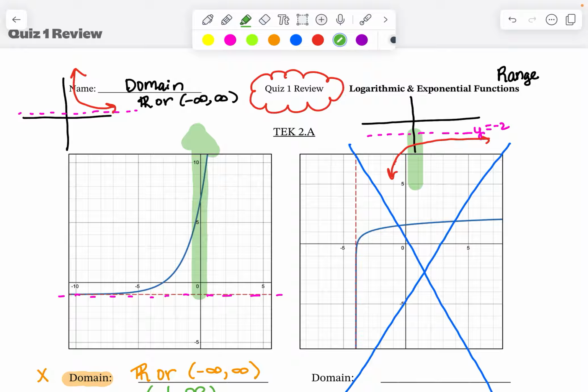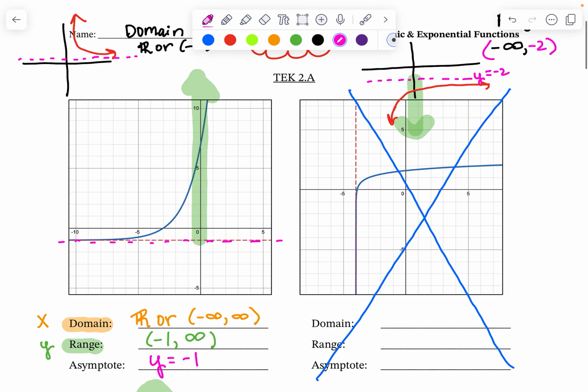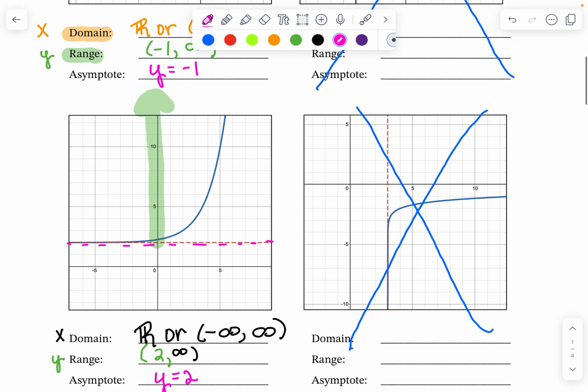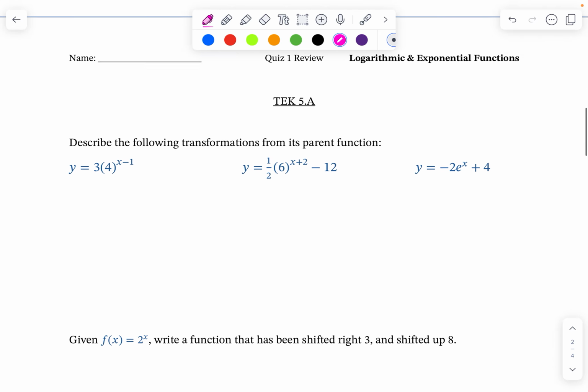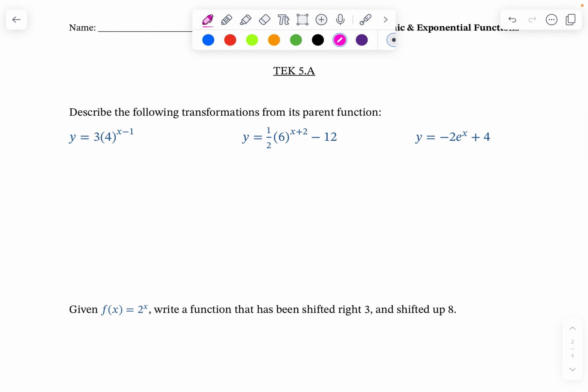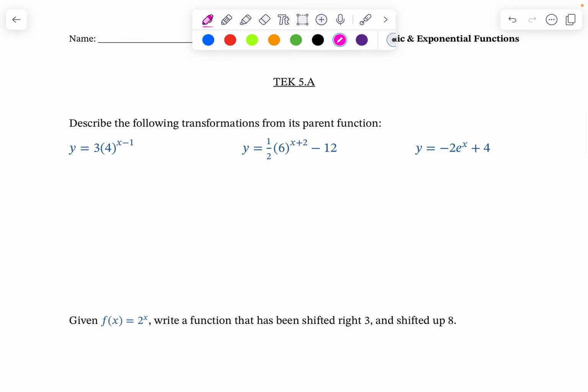Okay, let's do the next one. So if you take that right there, that is a vertical compression of a half. If you look up here in the exponent, it's the opposite. So that's like a -2. Negatives go to the left 2. And then at the very end, what you see is what you get. So since it's negative, you're going to go down 12.